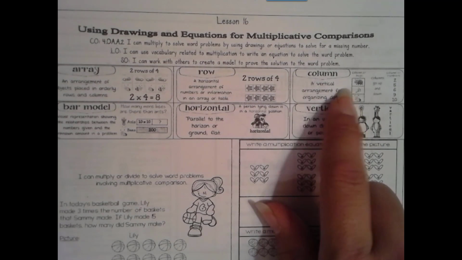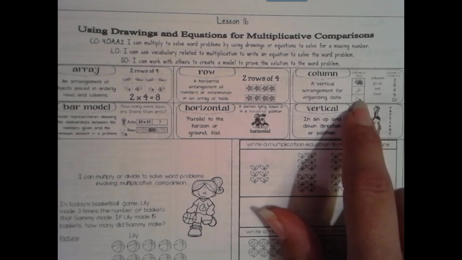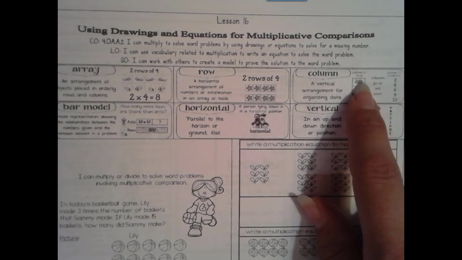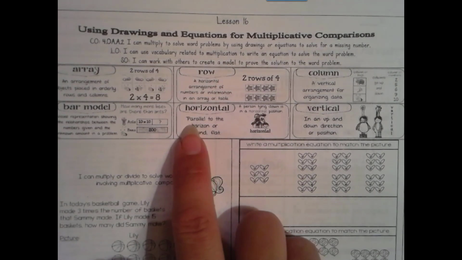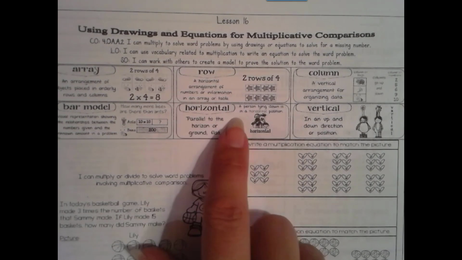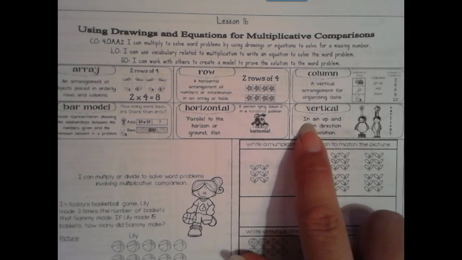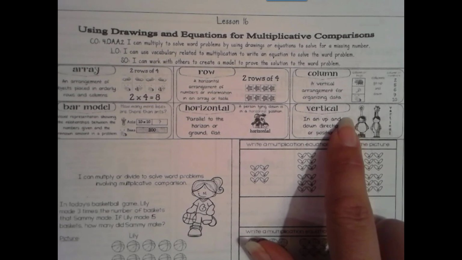A column is a vertical arrangement for organizing data, so it goes up and down. So rows are horizontal, columns are vertical. Horizontal is parallel to the horizon or flat ground, so it goes left to right. Vertical is in an up and down direction or position.